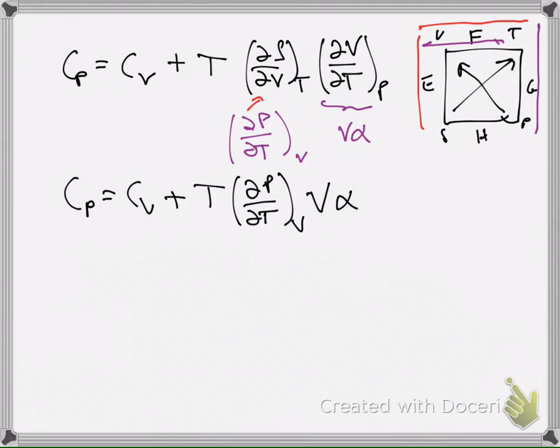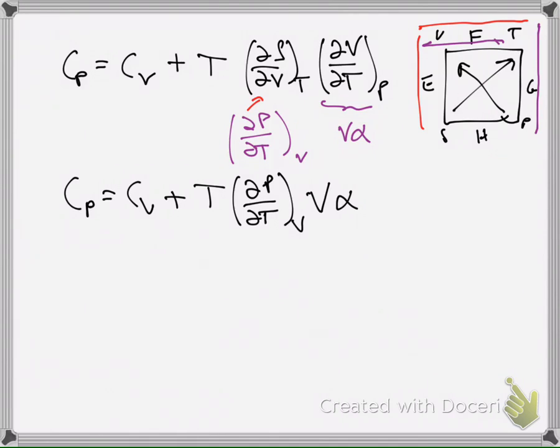This is so far completely general. We have not assumed anything about the materials. This should hold for any simple material, solid, liquid, gas, any of them. All right? Okay, so then we're going to do something more interesting.